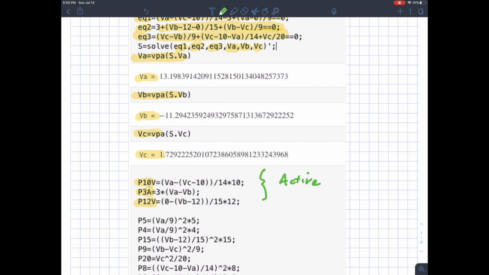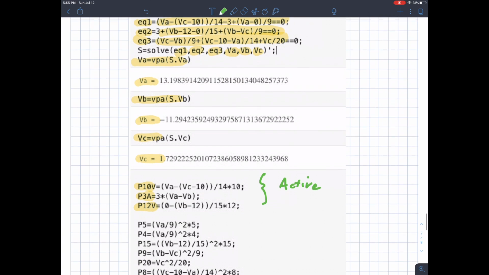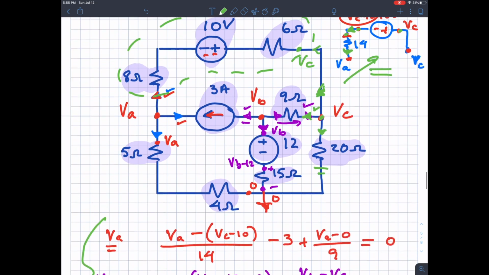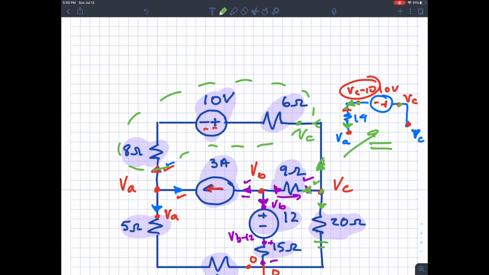Okay, so let's talk about how that would work. So look at the 10 volt source. All right, if I want to use the active sign convention for the 10 volt source, I need to know the current moving in this direction. Okay, so maybe I'd call that I10. All right, so from our picture here, we know that I10 can be found from the node voltages. All right, so we already have our equivalent circuit.